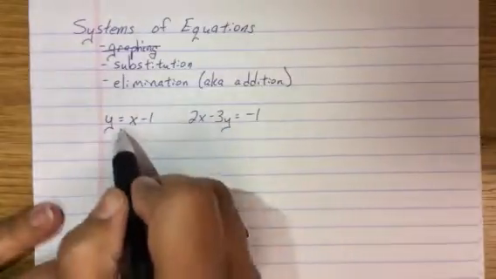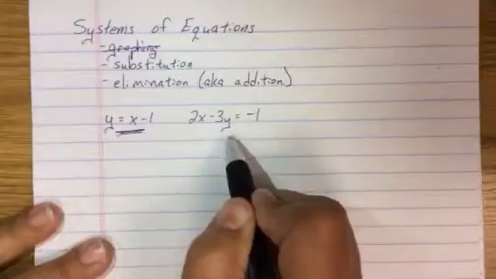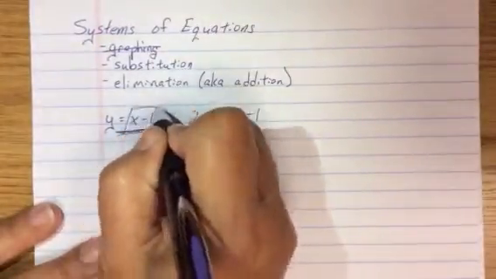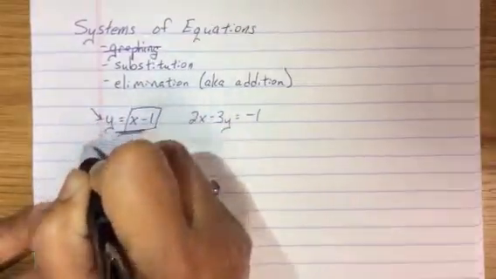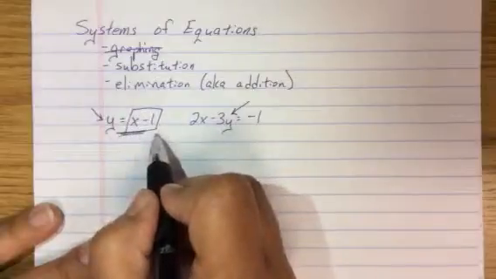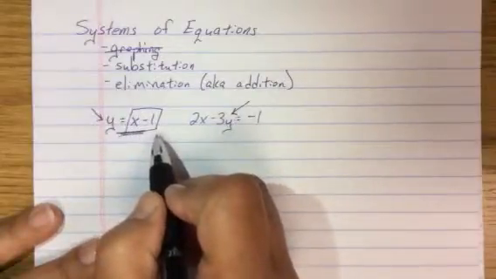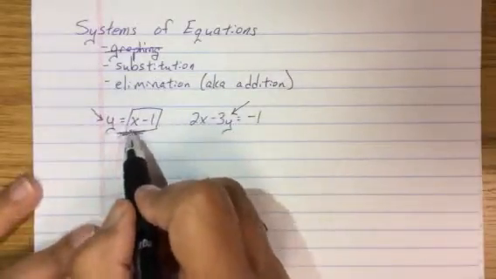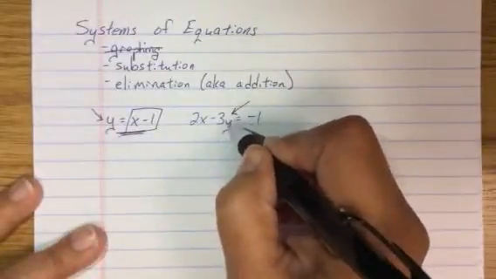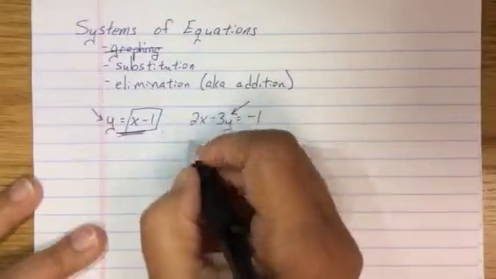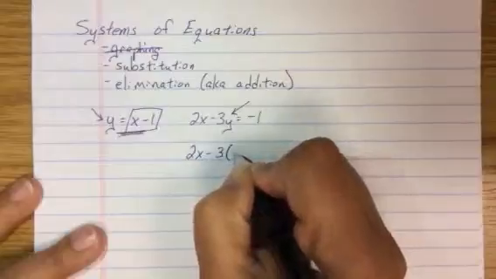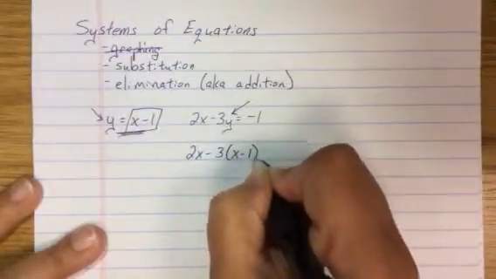I'm going to substitute this equation into this equation. More specifically, wherever I see y, I substitute into the other equation what y equals. In this case, y equals x minus 1. So wherever I see the y here, I plug this whole chunk in.